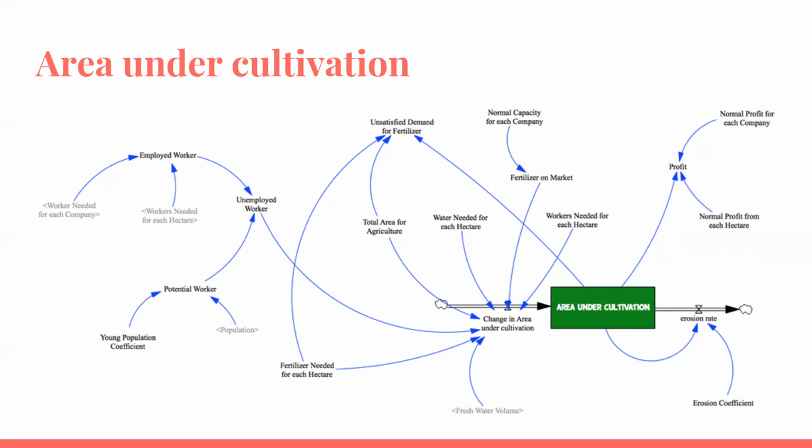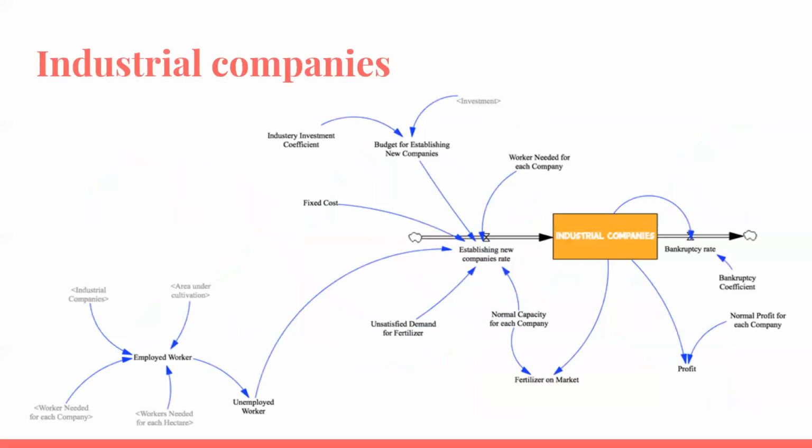We involved fertilizer here because we wanted to involve industry in our model, and according to our research, one of the most dominant industries in Chabahar is going to be the fertilizer industry, because some companies are planning to be established, and an erosion rate is considered too.